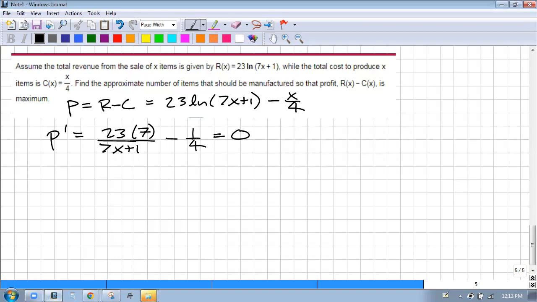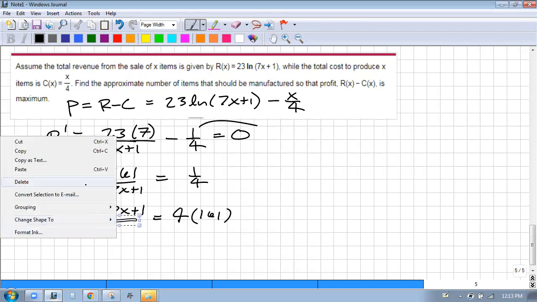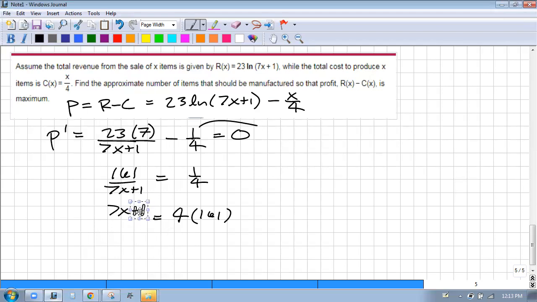All right, so what is this? What is 23 times 7? This is 161. I'm going to move the 1/4 over here. I'm going to flip both sides. All right, multiply both sides by 161. And then I'm going to move my 1 over here.